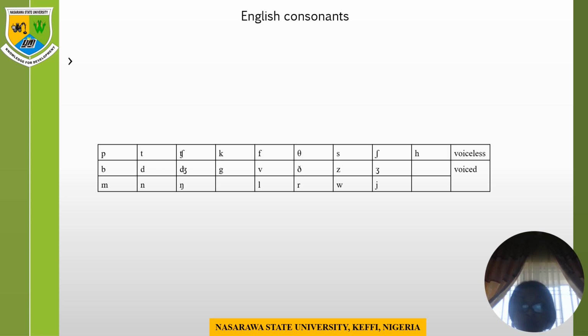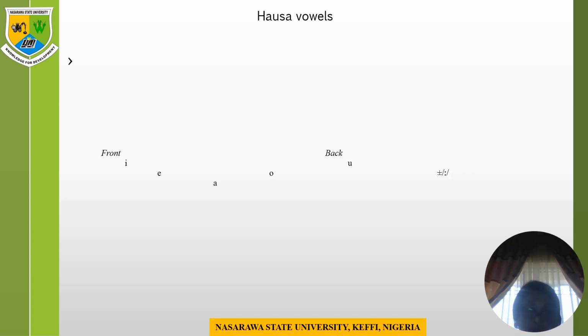And then the voiced ones start with b, d, j, g, v, z. And then m, n, l, r, w, y. Those are the voiced ones.